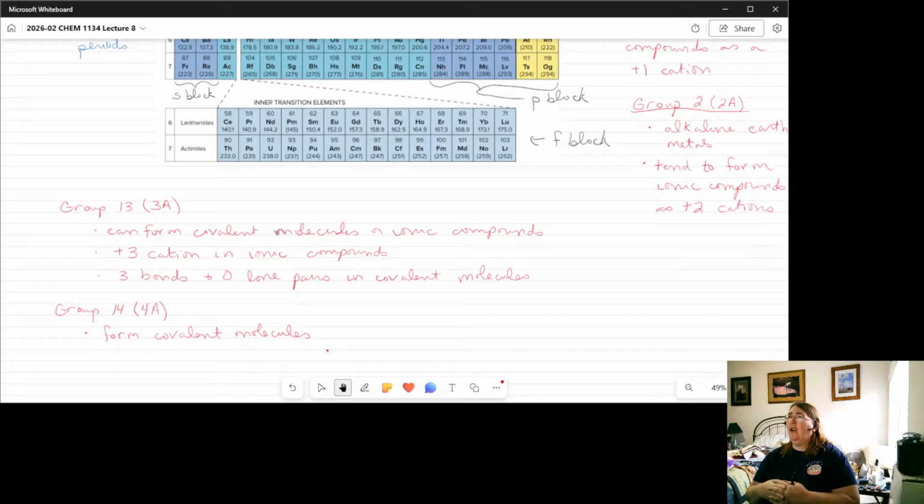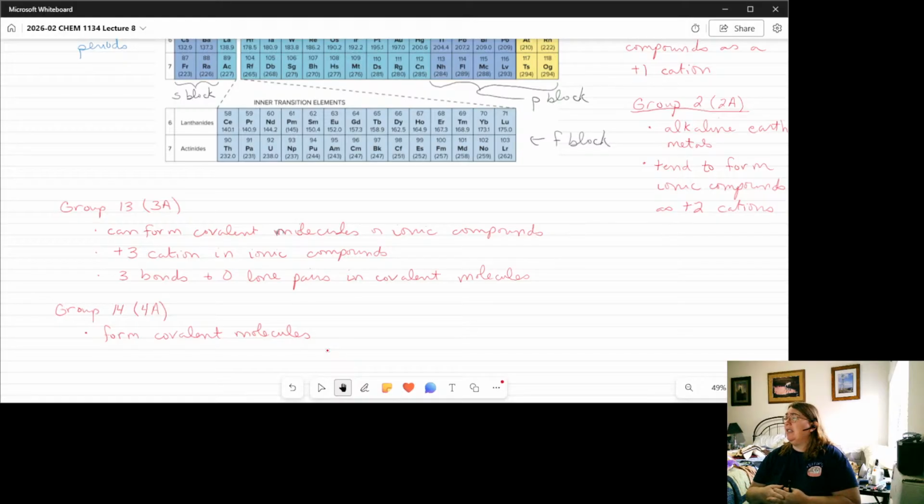It's very hard for a small atom with a small amount of protons. Carbon has 6 protons. It would be really hard for it to stabilize a +4 charge where it was only holding 2 electrons, or a -4 charge where it's holding 10 electrons.